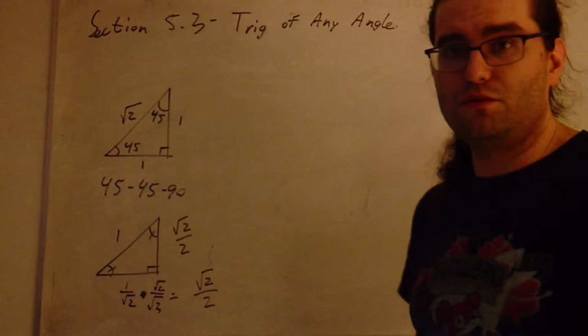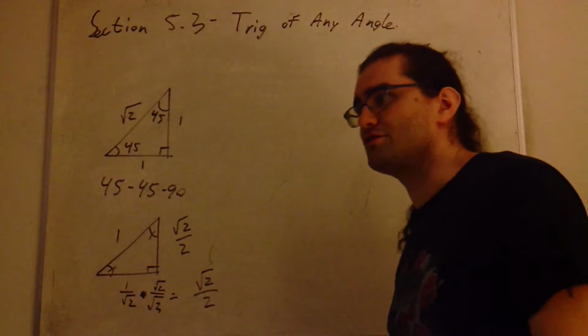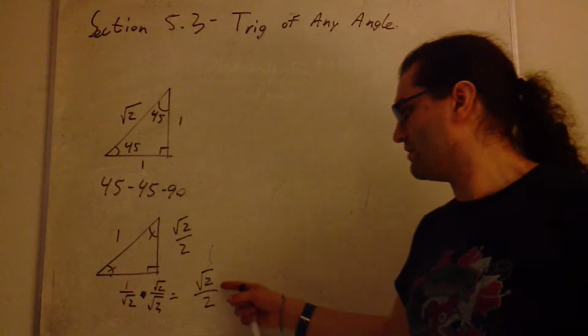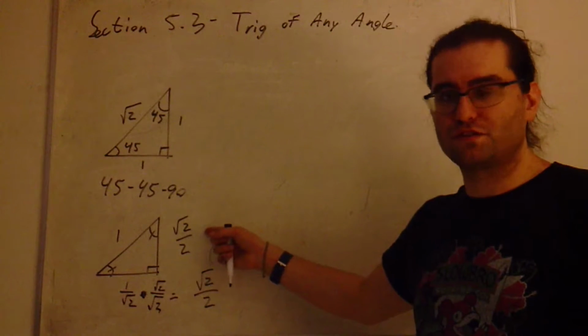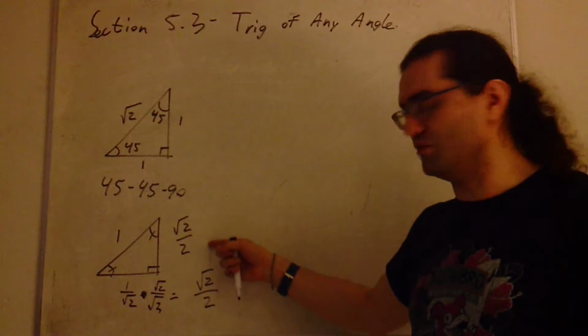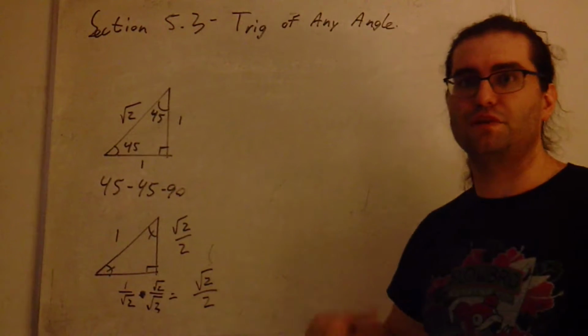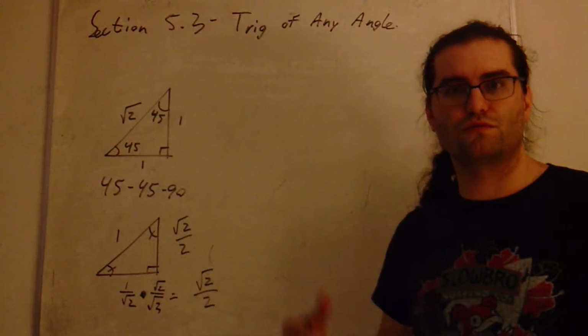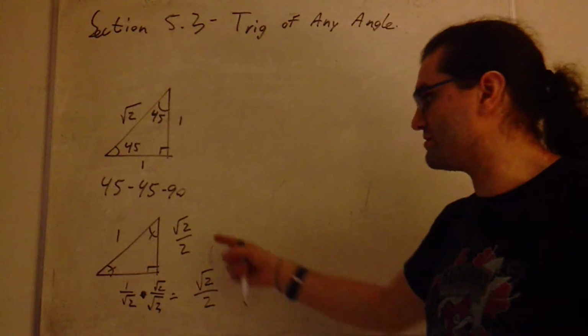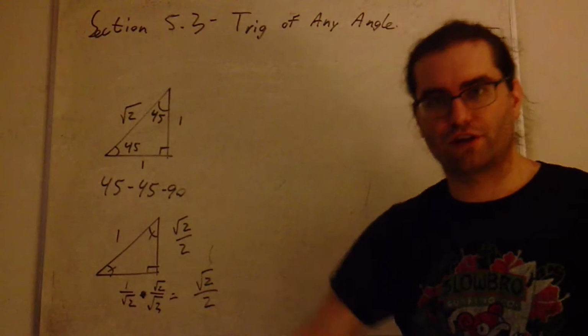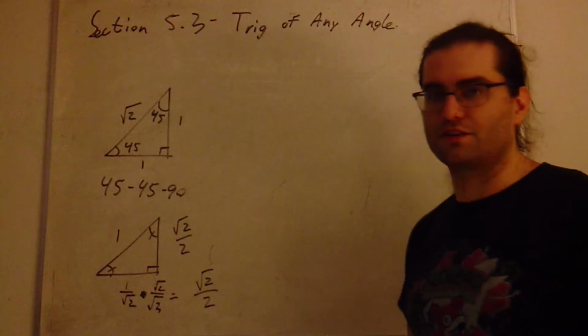The other thing that I do care about is that in very special cases, like root 2 over 2, I do want these to be rationalized because they're so iconic. These numbers are going to show up over and over and over again. You're going to see these until you're sick of them.